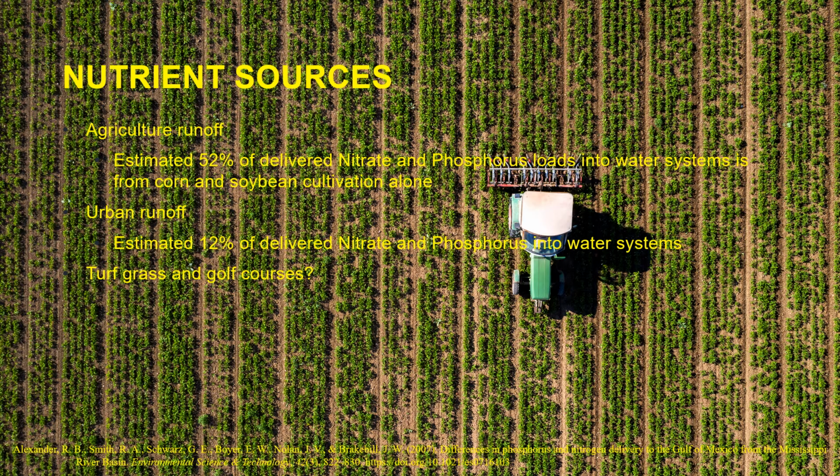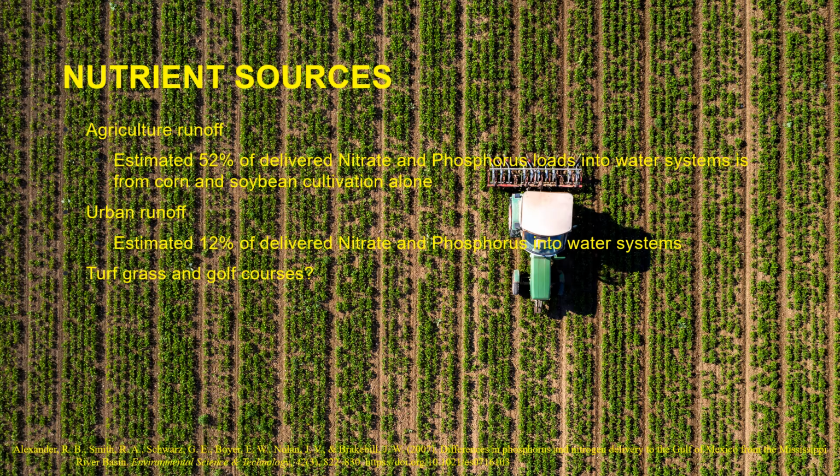It's estimated that 52% of delivered nitrate and phosphorus loads into the water system is from corn and soybean cultivation alone. That's not including any other types of crops. And it's pretty clear that adding too much fertilizer causes a large amount of runoff into the local water systems, which can and usually do feed into the Mississippi River along that kind of grain belt of where a lot of our farmlands exist in the country.